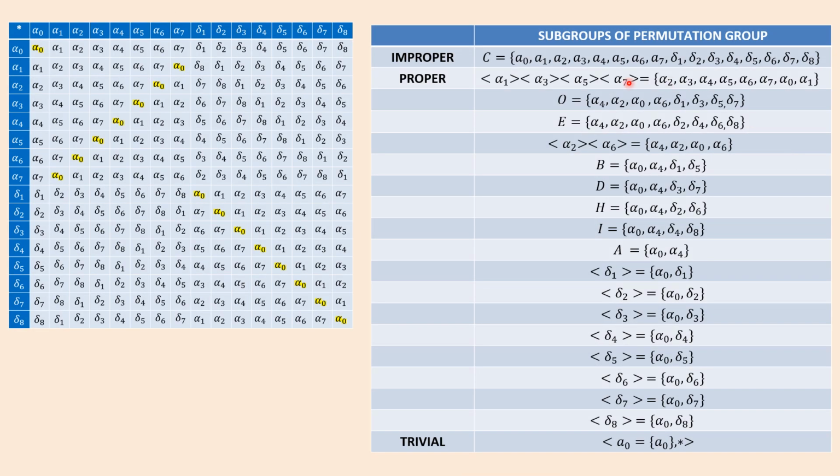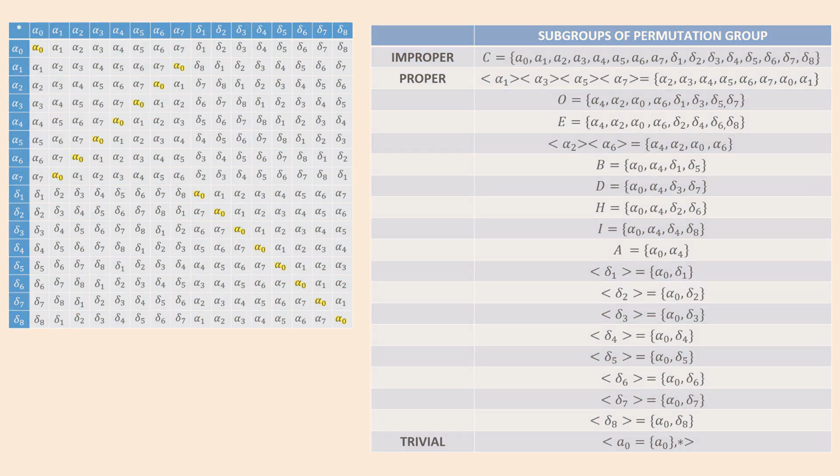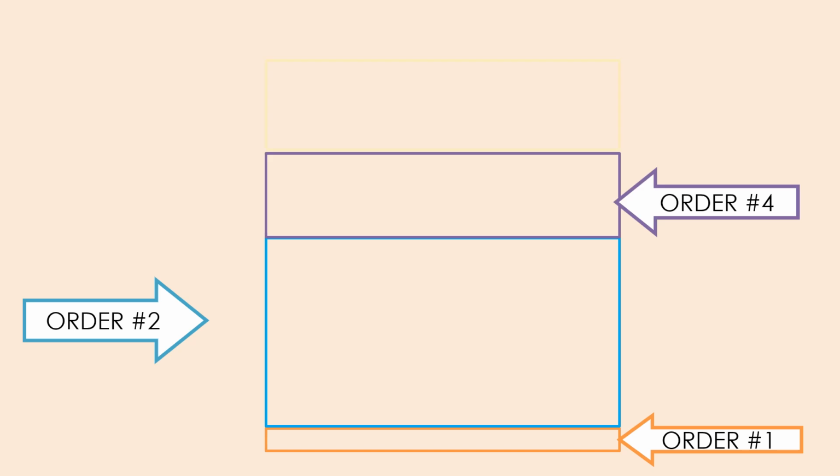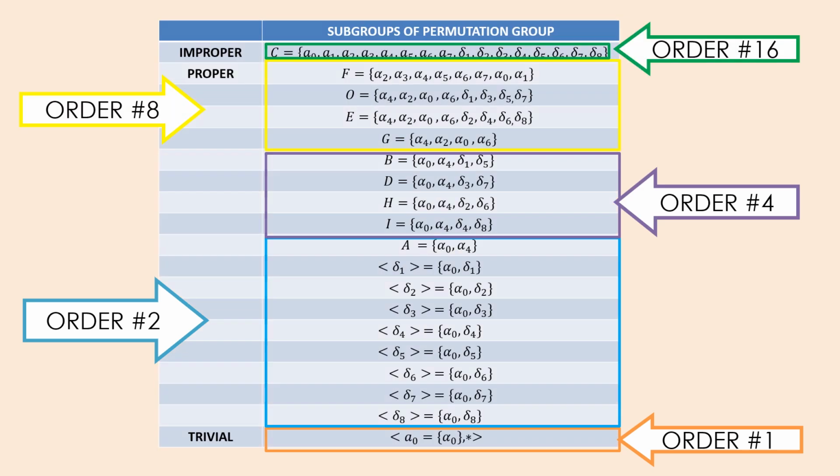Now we add two additional subgroups of our permutation group. So these are the total subgroups of our permutation group. We have the improper, proper, and trivial subgroups. So we have order 1, order 2, order 4, order 8, and order 16 elements.